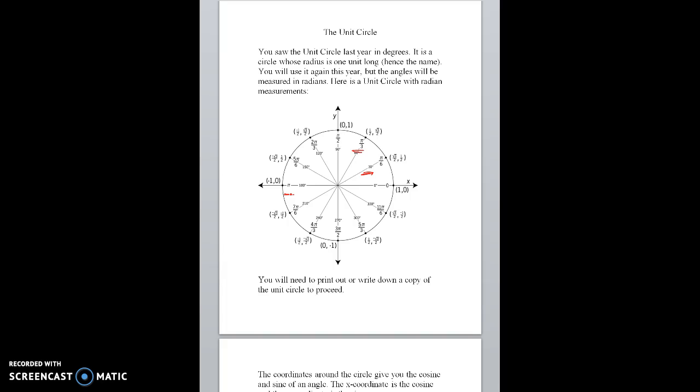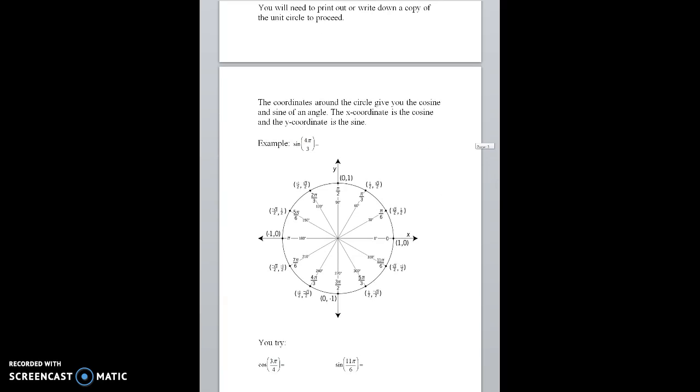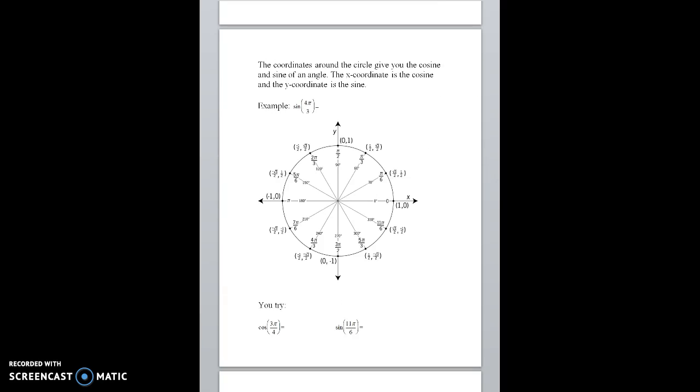Okay, so the reason the unit circle is useful is that as you go around the unit circle, the coordinates, so here, like the coordinates, actually give you the sine and cosine of the angle. So, for example, if I wanted to know what is sine of 4 pi over 3, I'm going to go around the unit circle and find 4 pi over 3.